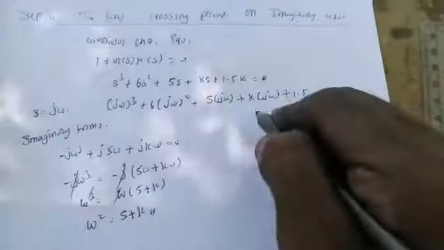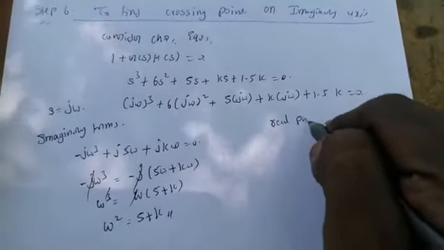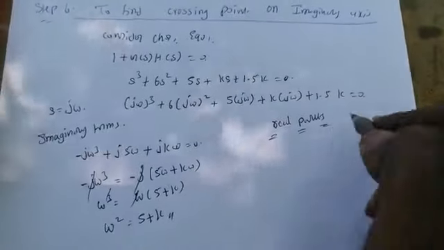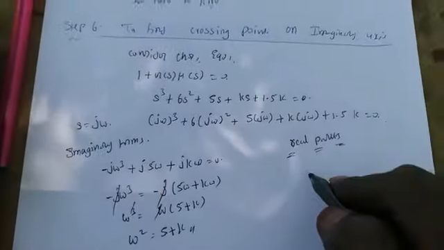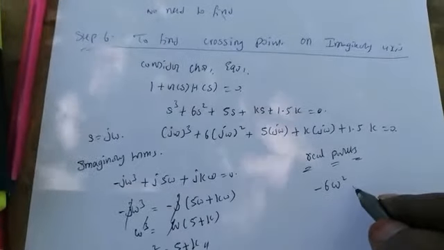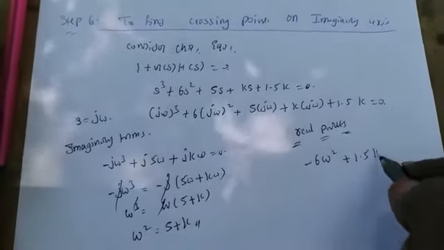Now equating the real parts. So if you equate the real parts, what will you get? Minus 6 omega square plus 1.5 k equals to 0.